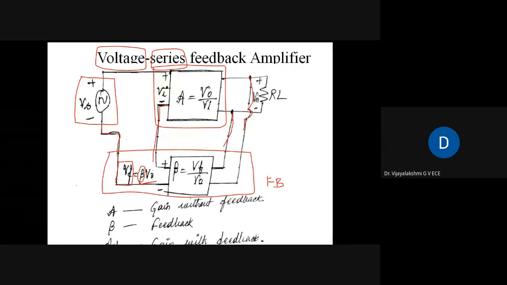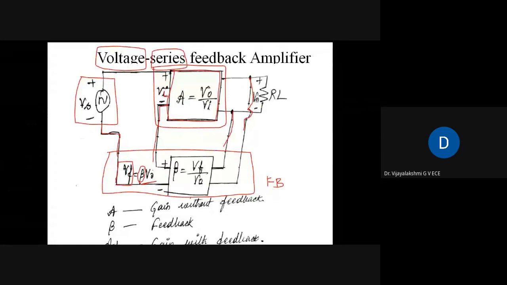Okay, and observe one more thing here. This amplifier, where I've indicated, has a gain of A. The input to this amplifier is Vi, and the output of this amplifier is V0.